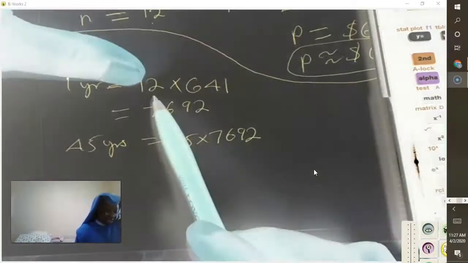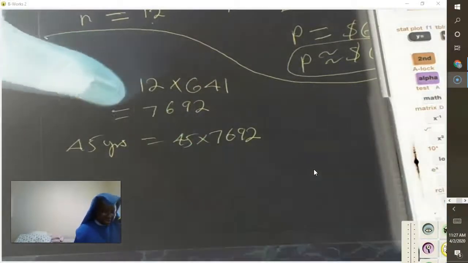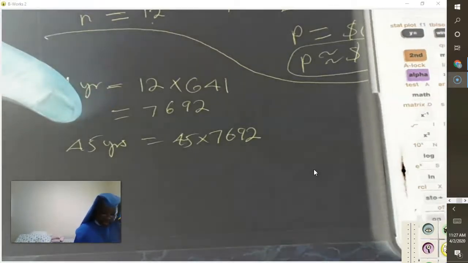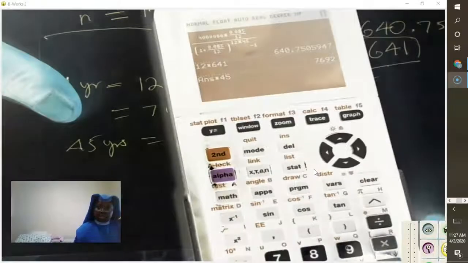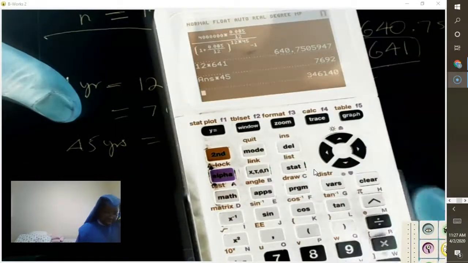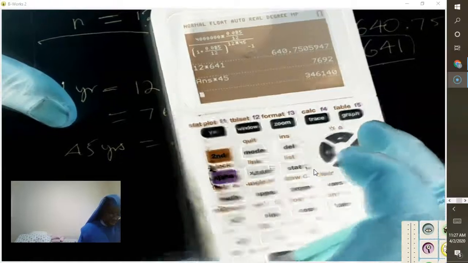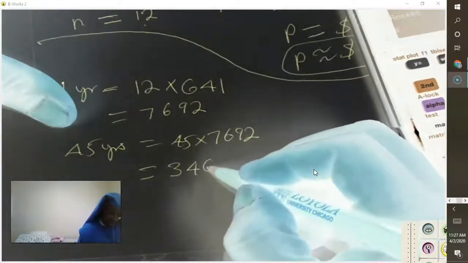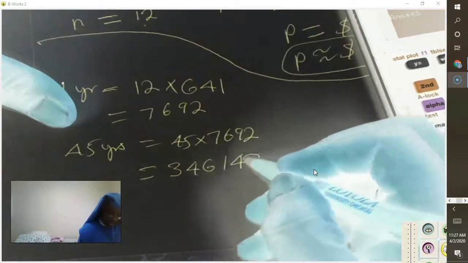If you want to do it in months, you have to get the number of months in 45 years first. Because I still have it in my calculator, I can do answer times 45, and then I get 346,140.